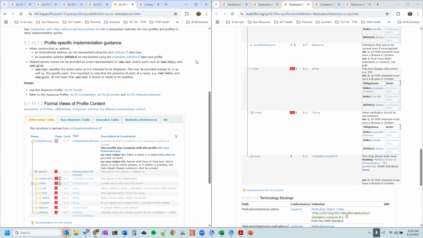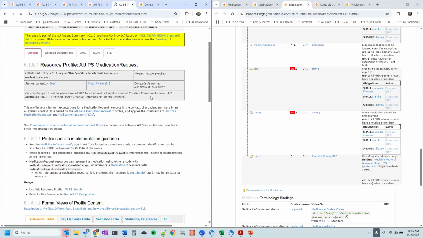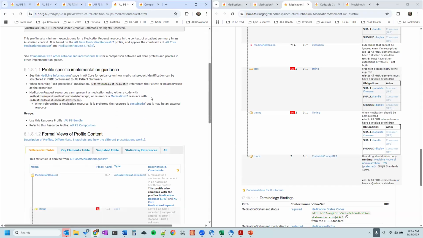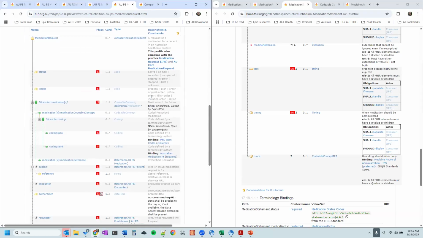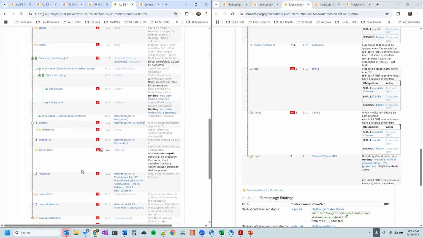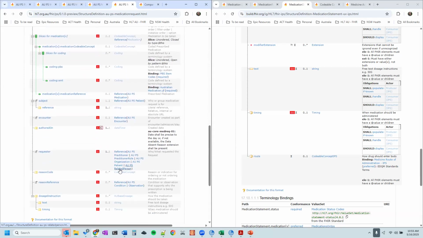Can we jump into the medication request one? Because I'm assuming that this one is about self-prescribed drugs. Yep, the requester. Now, this is probably a question for AU Core, but are we allowing that in Australia?